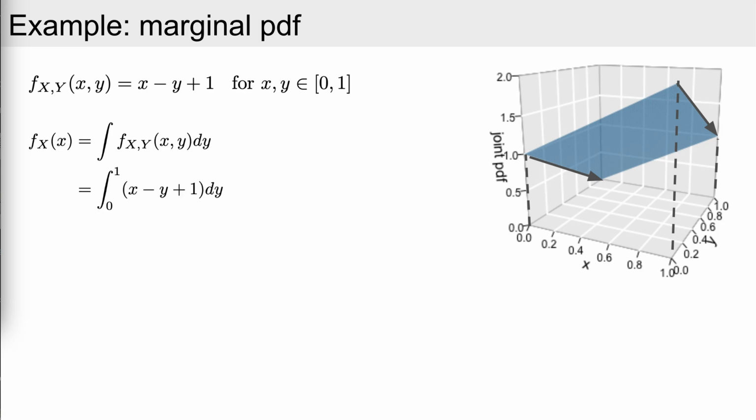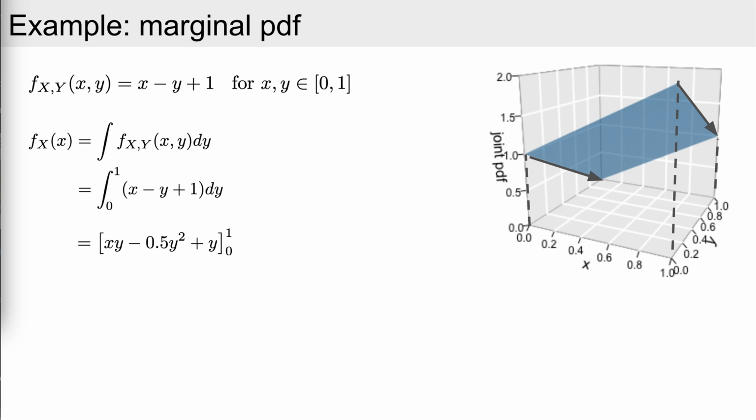Let's do it. Plugging in the PDF and the limits of y, the PDF of x is the integral of x minus y plus 1 dy from y equals 0 to 1. Since we're integrating with respect to y, note that y is the variable and we can treat x like a constant.